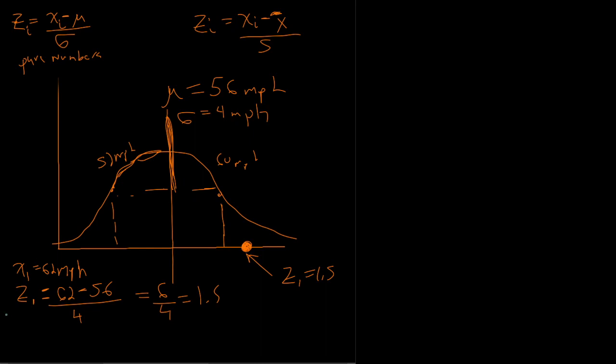All right, let's look at another car. We'll pick out x2. I'll do that in bright yellow. So we have another car that I'll randomly pick out. It's going 47 miles per hour. And so we'll calculate its z-score for data 2. So 47 minus 56 divided by 4. And so what do we get?